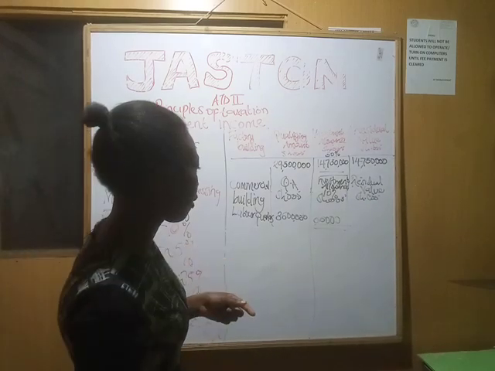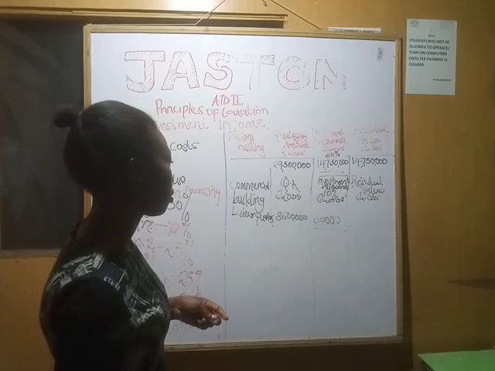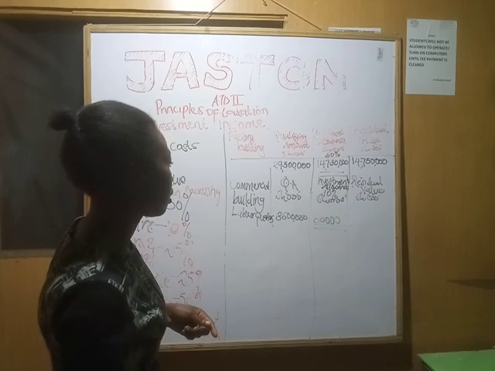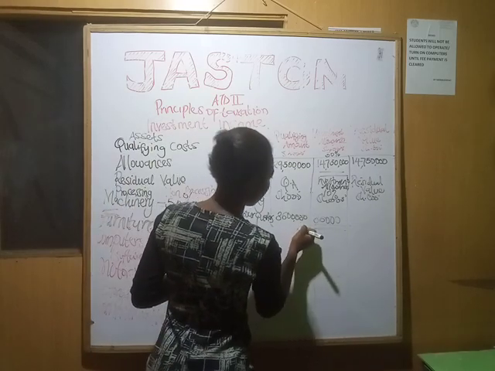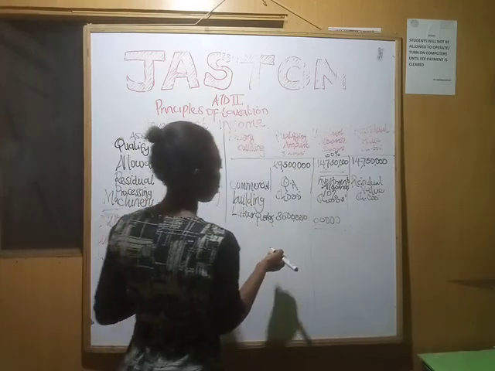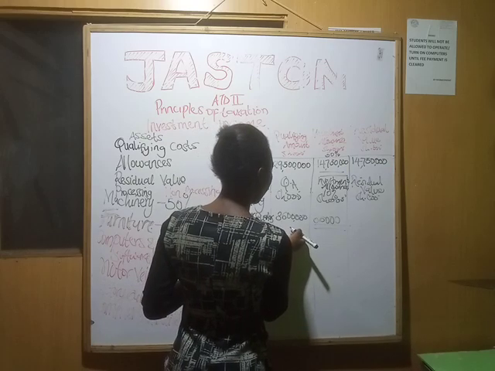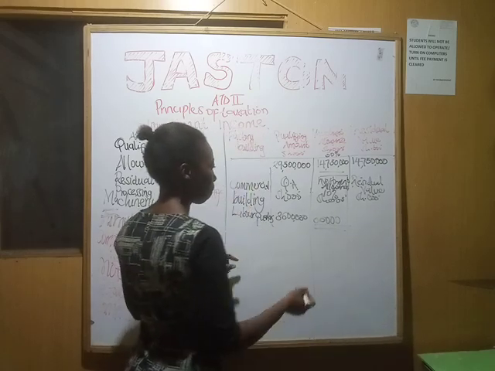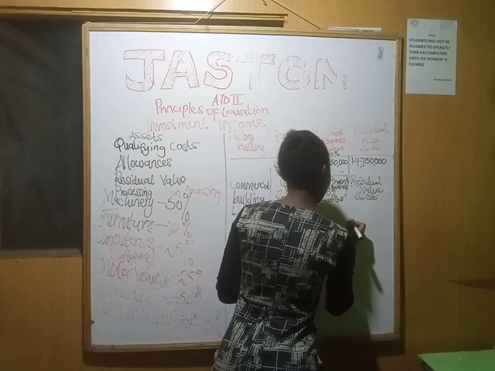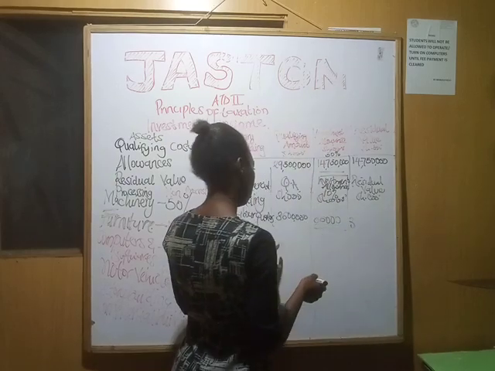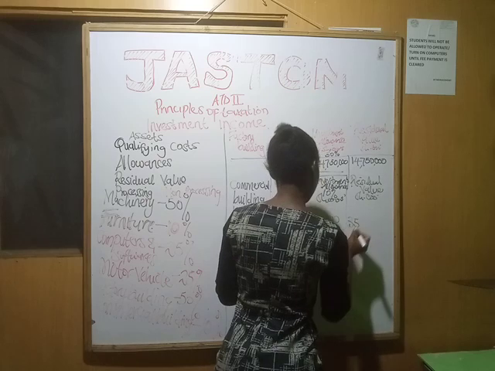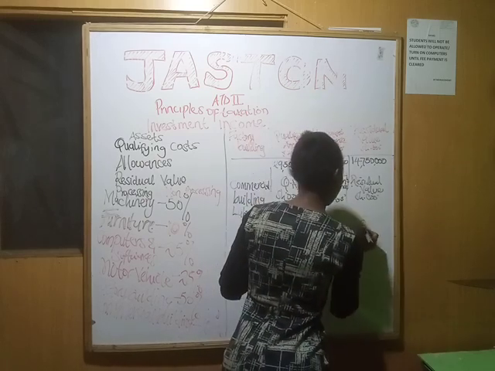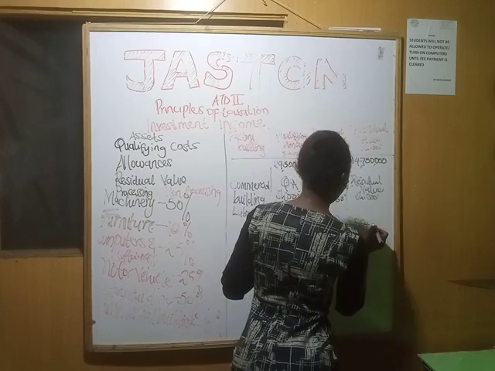We take the 3,600,000 less 36,000, and our answer will be 3,564,000.